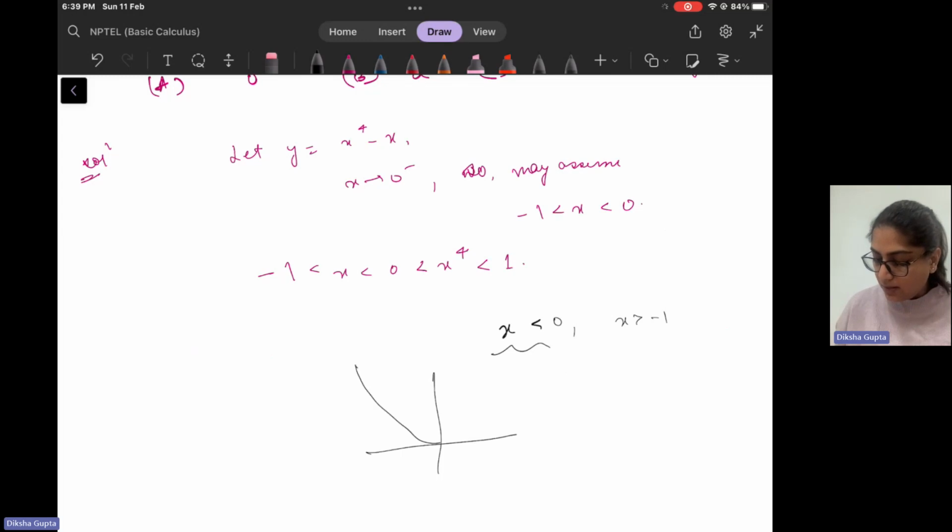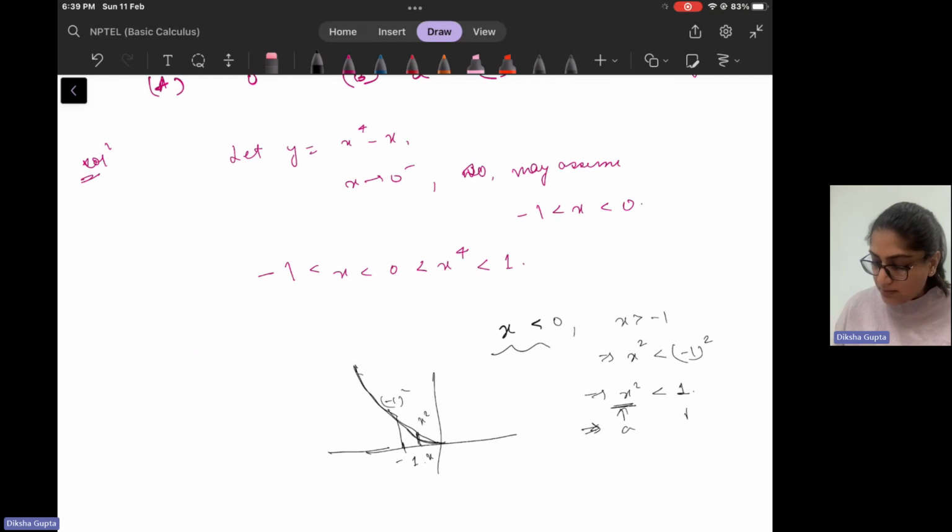I have already told you the graph of the function y equals x square is decreasing for x less than 0, meaning that when this is minus 1 and x is somewhere here, the value of x square will be less than the value of minus 1 square. So x square is less than 1. And now again, if you square, since x square is positive, you square.